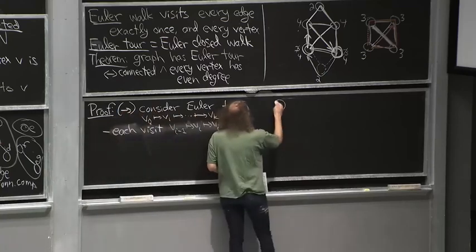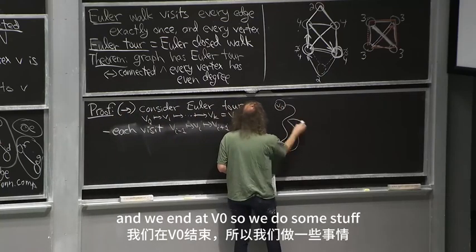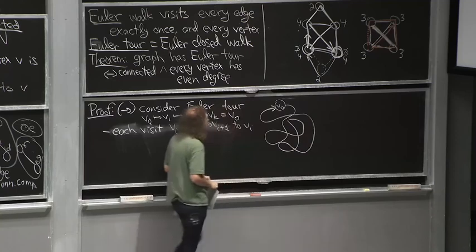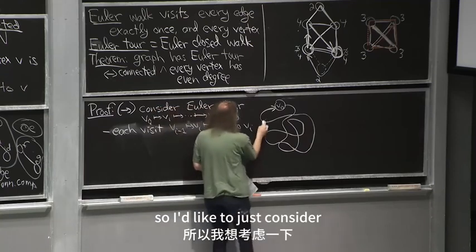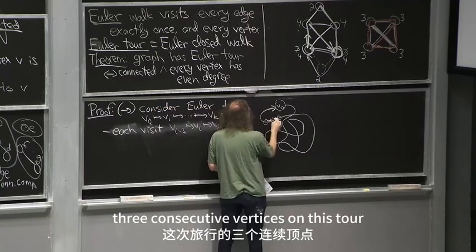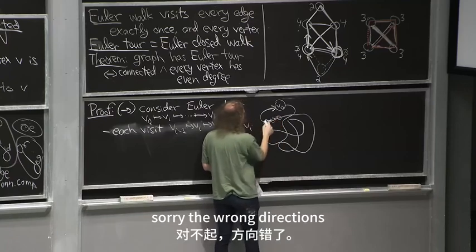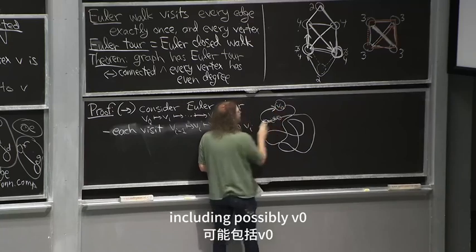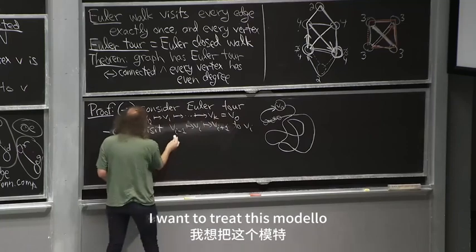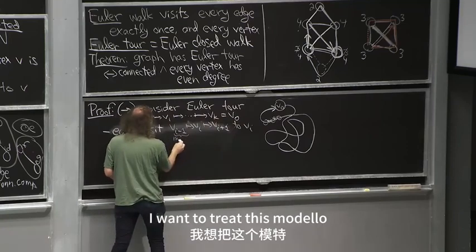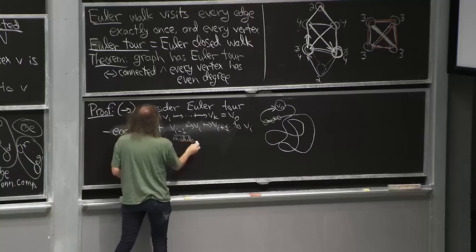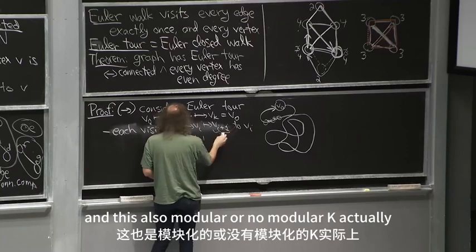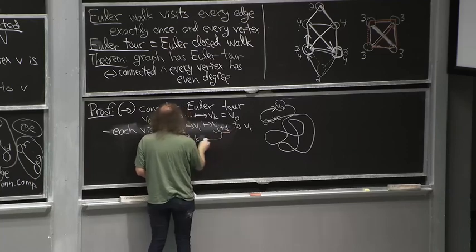We start at v0, and we end at v0. So we do some stuff, and then we end up back at v0. So I'd like to just consider 3 consecutive vertices on this tour. Sorry, the wrong directions. This way. Including possibly v0. So to do that, I want to treat this modulo k plus 1, I guess, and this also modulo k, actually.